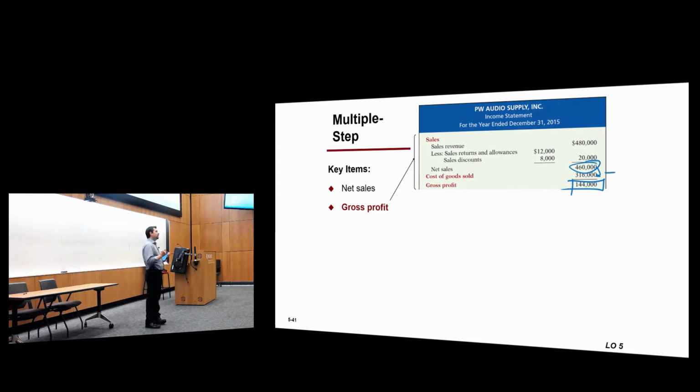That will give them how many cents from each dollar of net sales the company gets to keep. That's not the end profitability, this is not the net income. We still haven't paid our operating expenses yet. But just how much remains after paying the cost of those products. You sold the products, and then you calculate the cost. The gross profit is the money that remained after paying the cost, before paying your salaries, before paying rent, etc.